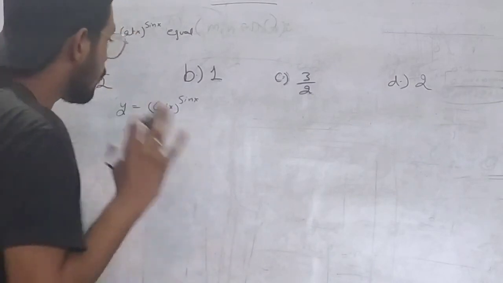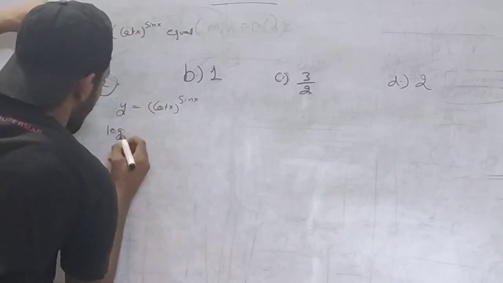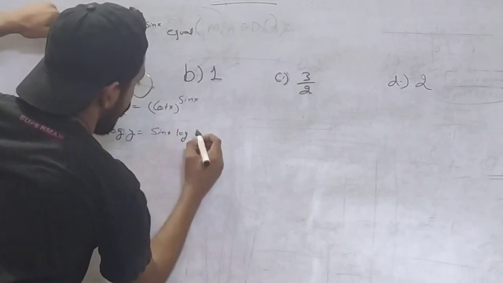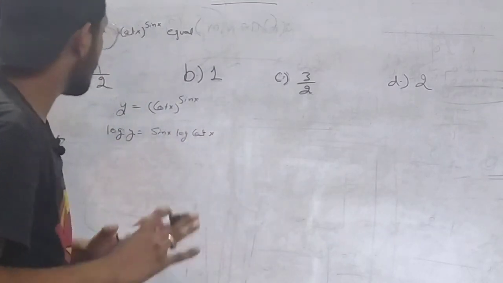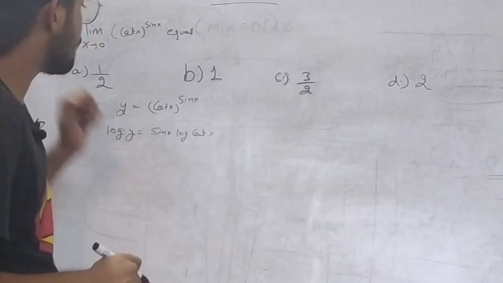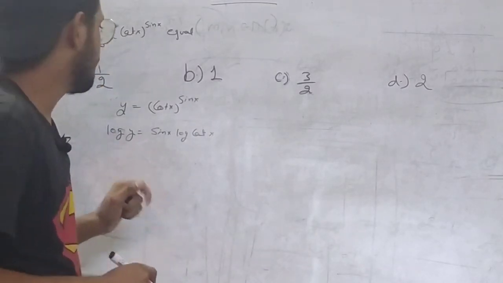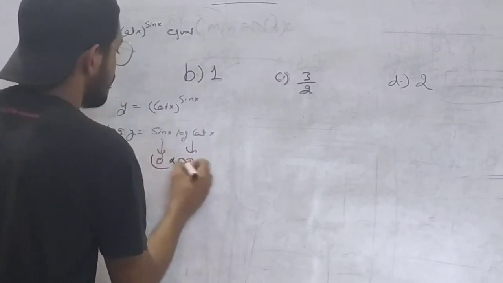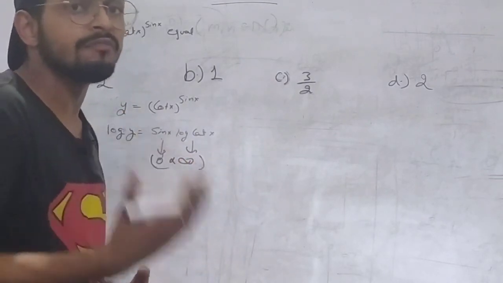Now we'll take log on both the sides. So log y is equal to sin x log cot x. If we apply the limit here, sin x will be 0 and this term will be infinity, so it will be in the form of 0 into infinity.